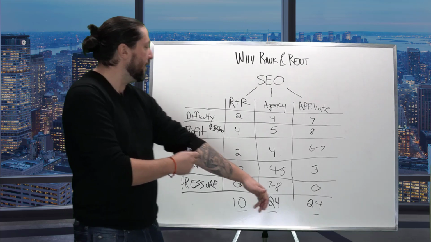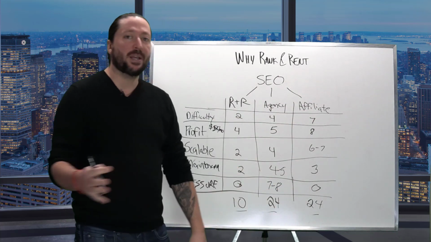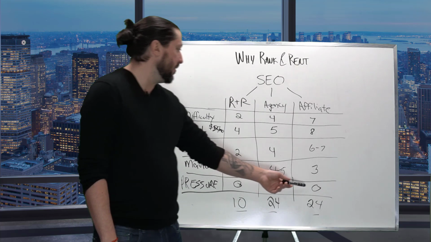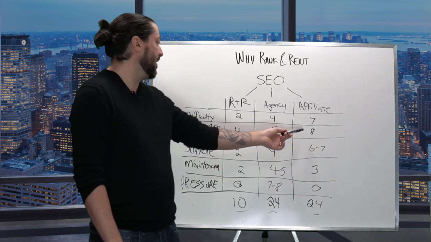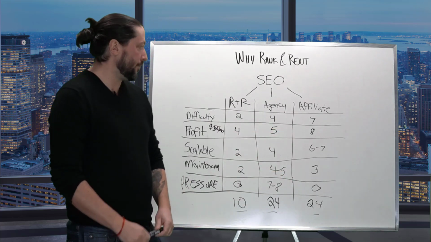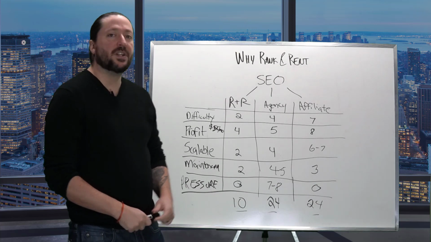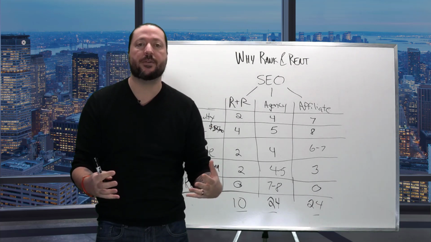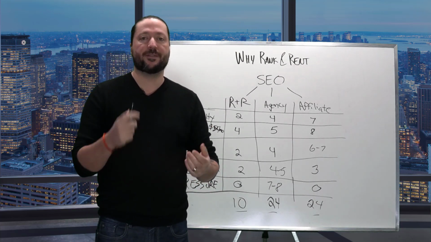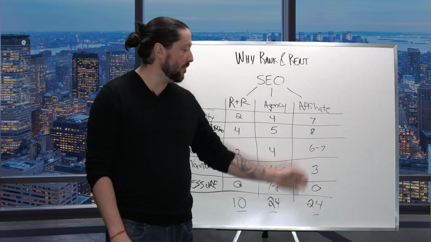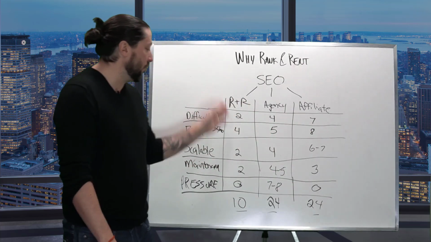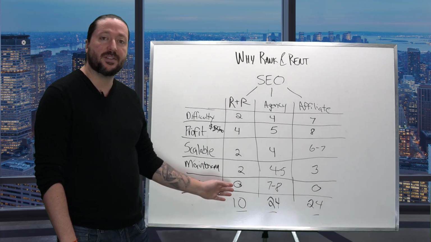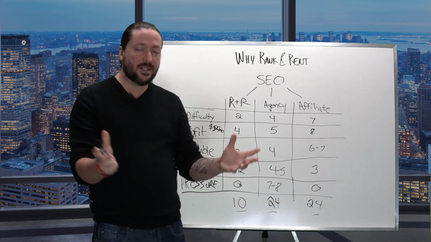So now what about affiliate marketing? There are some big benefits to affiliate marketing, being that there's zero pressure and it can be very profitable. The thing with affiliate though is you still have to be really good at SEO, but if you hate selling and all that stuff, affiliate might be where you want to go. But I still think it's great to learn in a Rank and Rent scenario because it's easy. Once again, the process is the same.